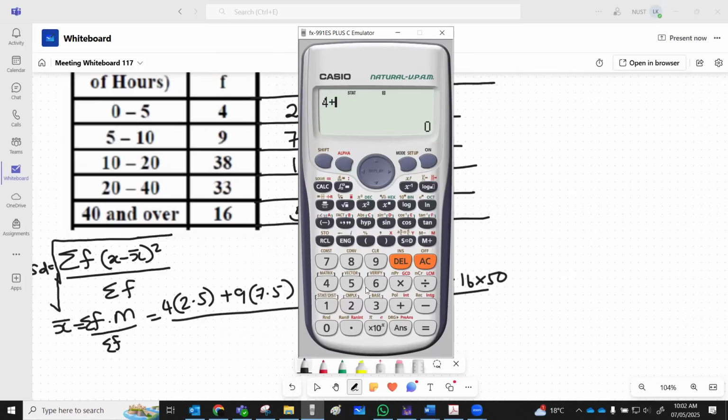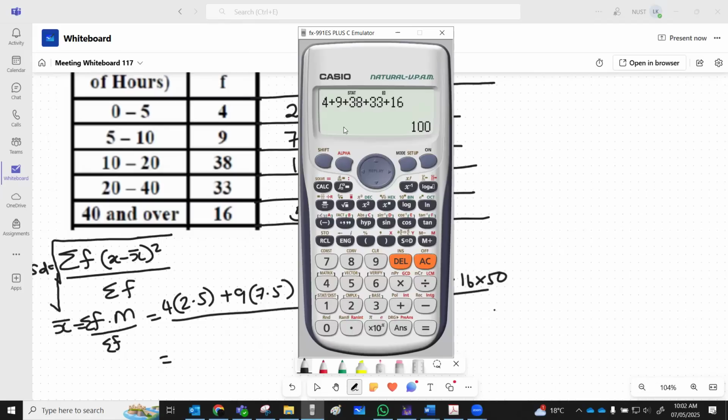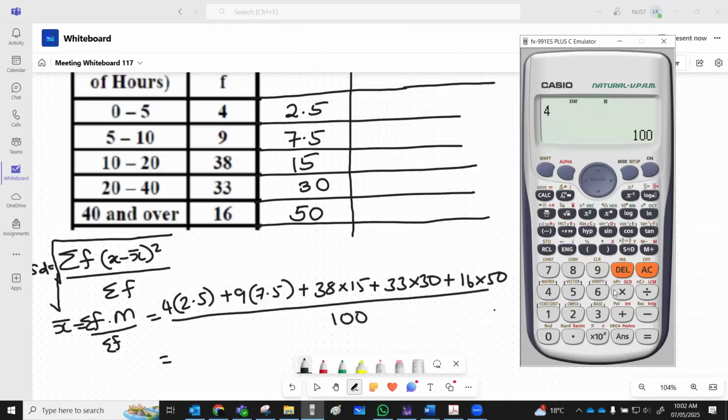So we can work this out. This is 4 plus 9 plus 38 plus 33 plus 16, and this gives us 100. Let's see. We have 4 times 2.5 plus 9 times 7.5 plus 38 times 15 plus 33 times 30 plus 16 times 50.